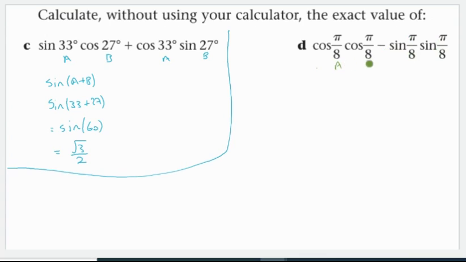Well, if we call these A and B, though it's the same letter, this is the expansion of cos A cos B minus sine A sine B. So this is cos of A plus B. In particular, that is cos of pi over 8 plus pi over 8, which is cos of pi over 4. Now keep in mind that pi over 4 radians is the same thing as 45 degrees. So that is going to be root 2 over 2.